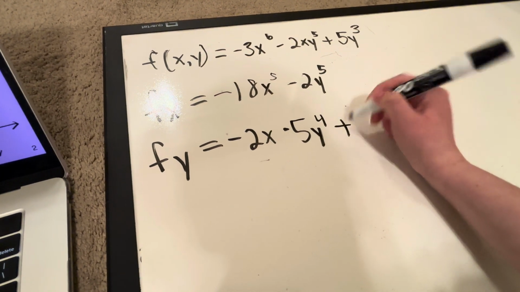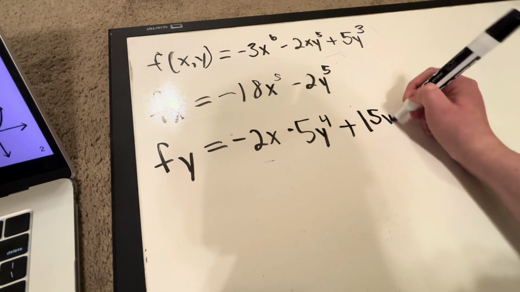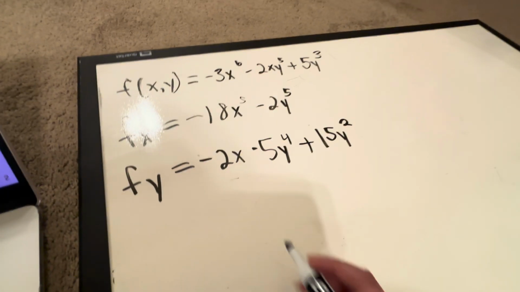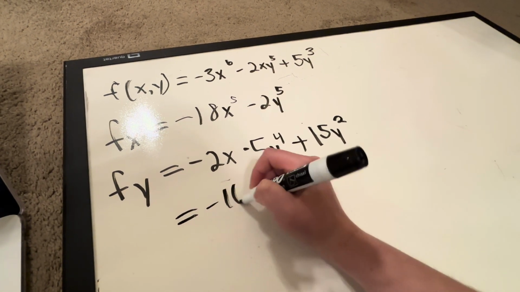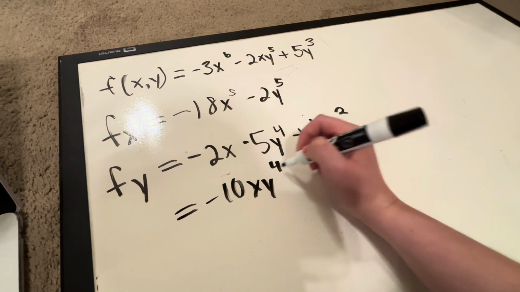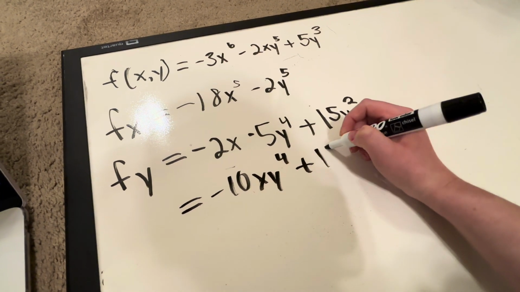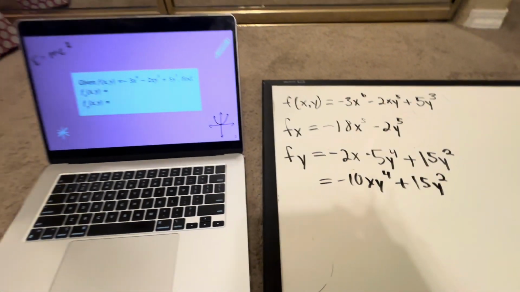And then we're going to take the derivative of the 5y to the 3rd, which will be 15y squared. Now to finish solving this out, we will have a negative 10x, x will come first, y to the 4th, plus 15y squared. And that's our first problem done.